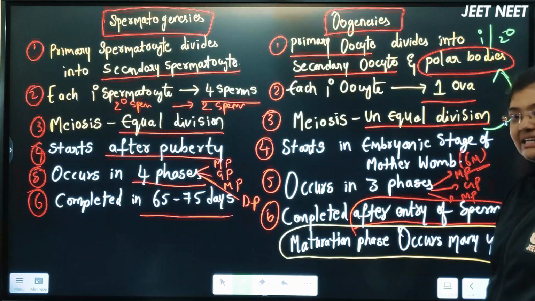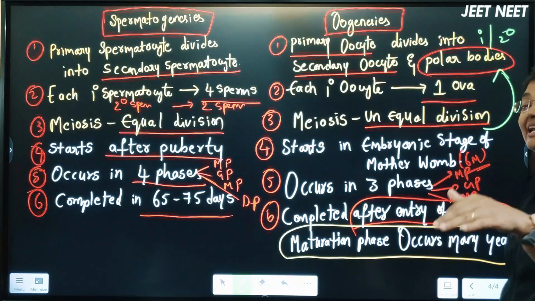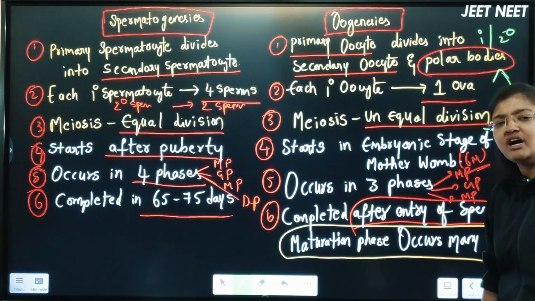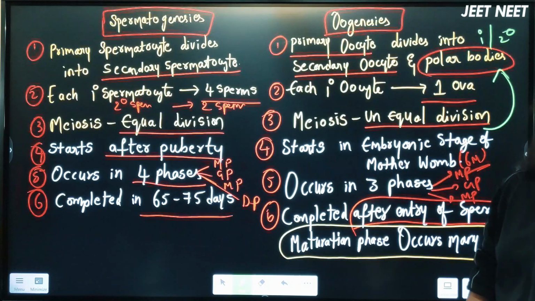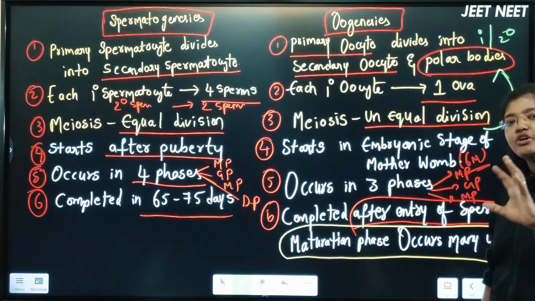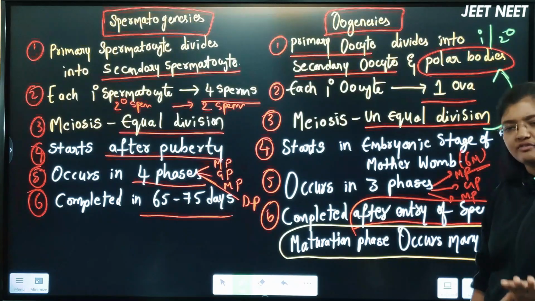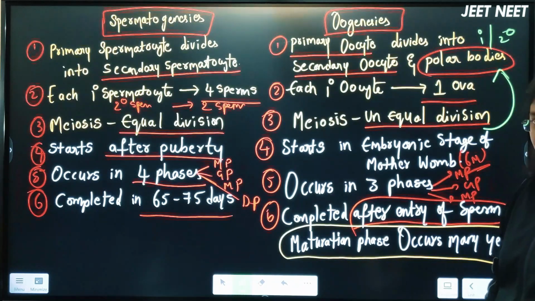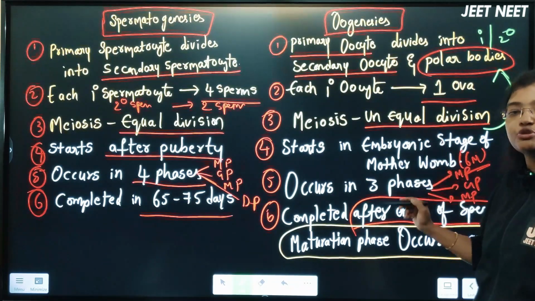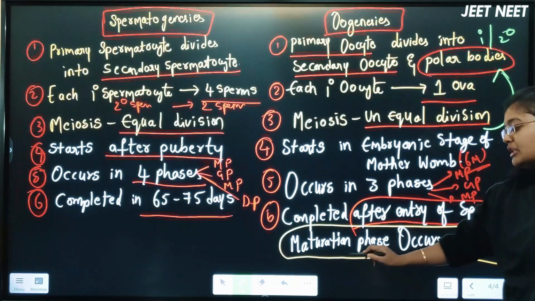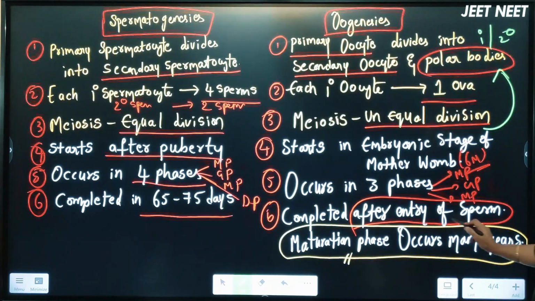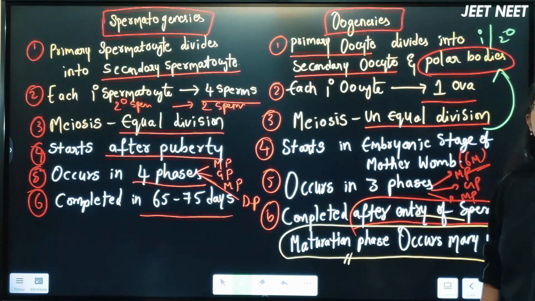Maturation phase started in the mother's womb but will be completed after the entry of the sperm. It could take around 25 to 30 years, isn't it? When we get married around 20 years or maybe 25 years or after 30 years, only after the entry of the sperm is this phase going to be completed here. So the maturation phase occurs over many years in the female in the process called oogenesis.